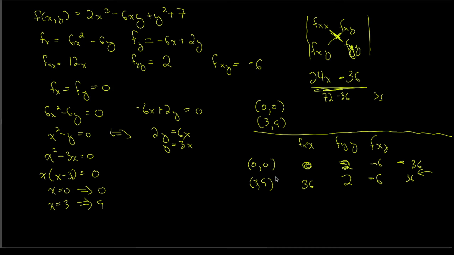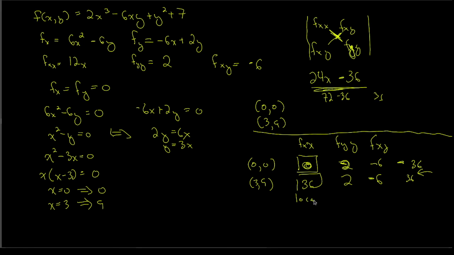And so if we look at what happens, at 0, 0 we have that f double x is 0 and the Hessian is less than 0. So that doesn't give us any information about f double x there, but the Hessian being negative means this is a saddle point. Then at 3, 9, we have f double x is greater than 0, and the Hessian is positive.